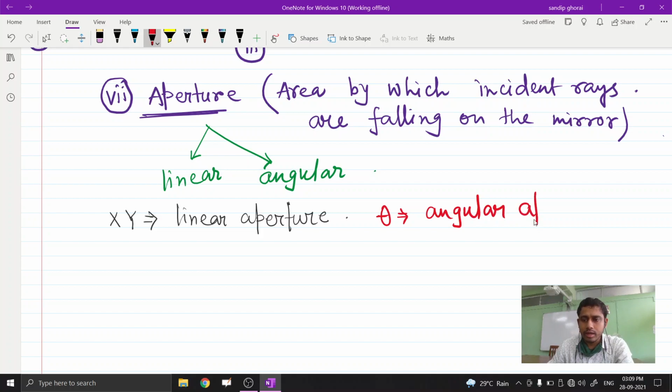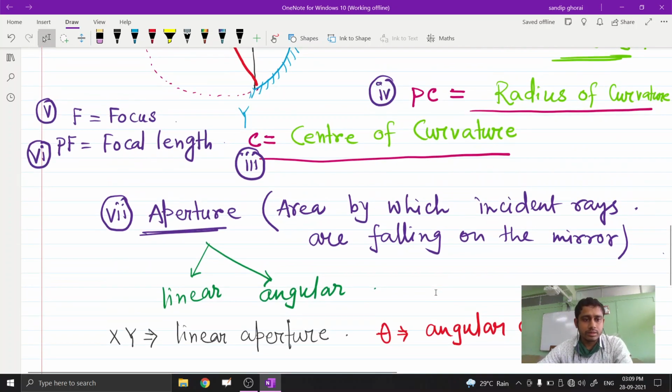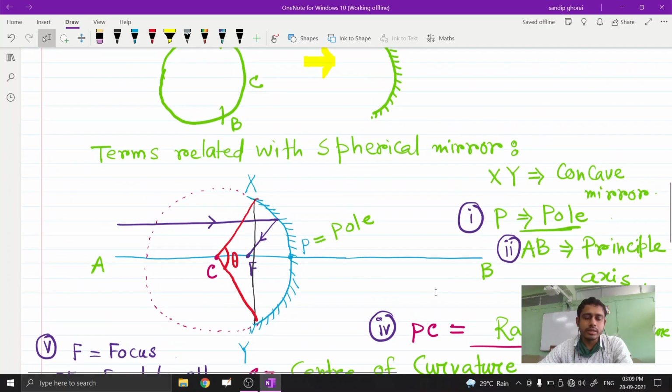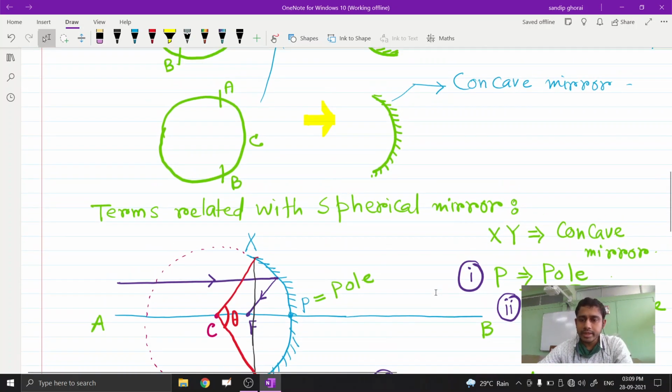These are the total 7 terms related to spherical mirror.